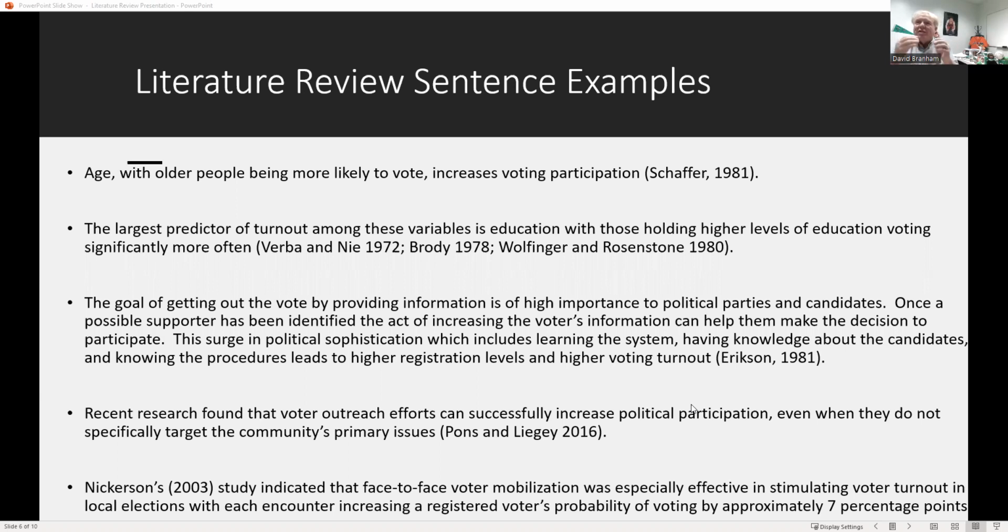So in a lot of cases, it's one sentence, like this first example. "Age, with older people being more likely to vote, increases voting participation," Schaefer, 1981. That is a very short sentence in a literature review, but it is an academic source that you're citing there. And the only thing that mattered from this publication was age, a very good determinant of whether or not you're going to vote.